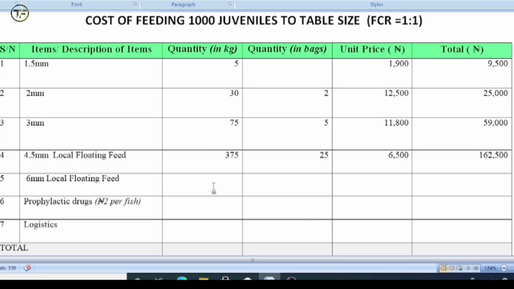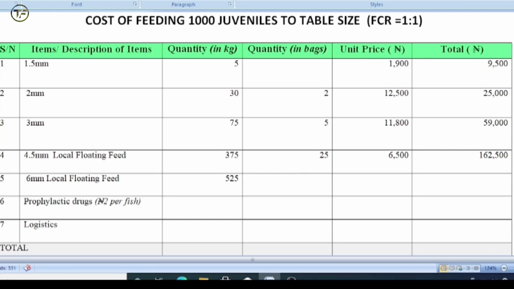Now we move to 6 mm. For 6 mm we're going to be needing 525 kg. I know some people be like, why is it so much? Well, the reason is this: you can either split this into 6 mm or 9 mm. I'm sure in my last video I explained this. The difference is not much.